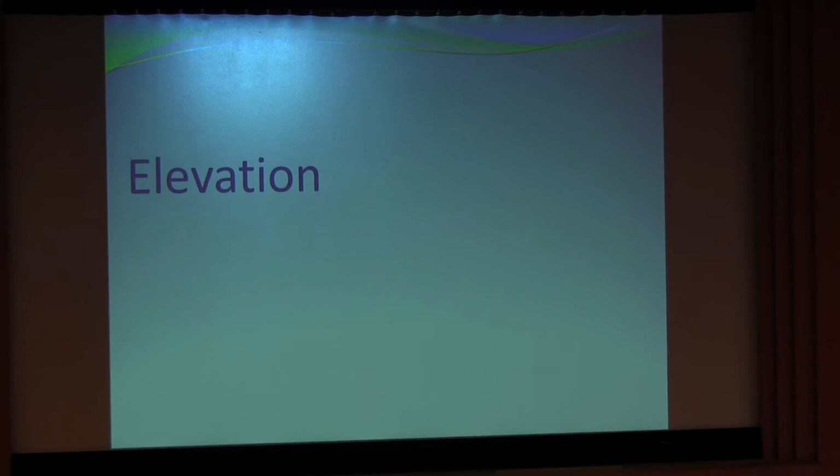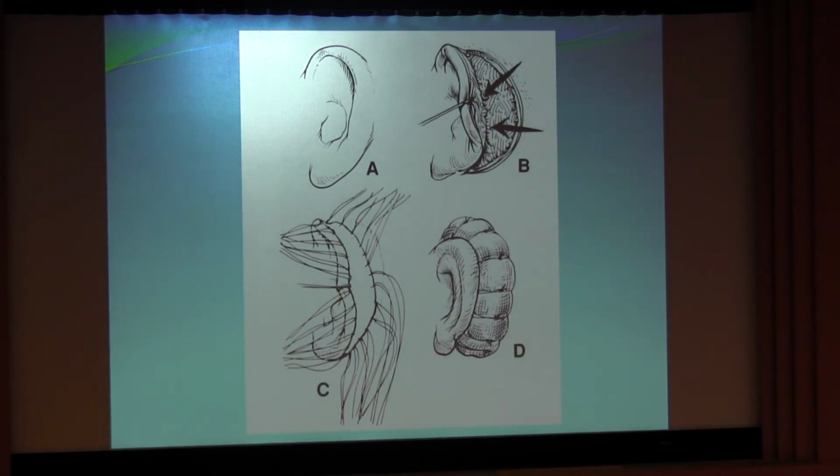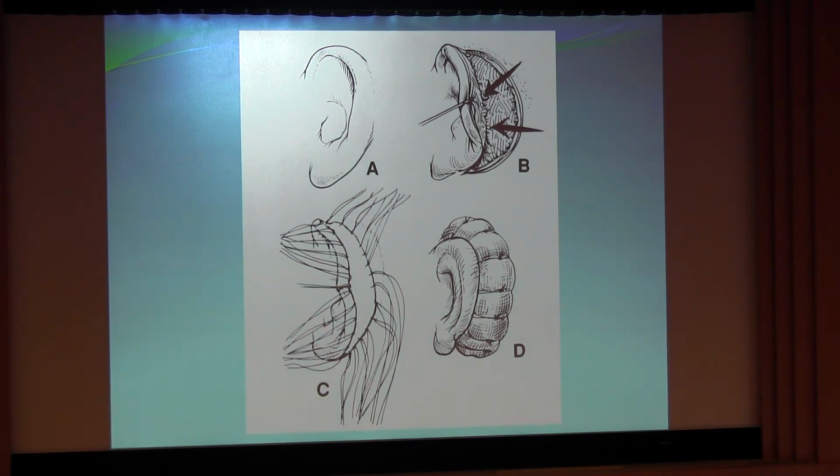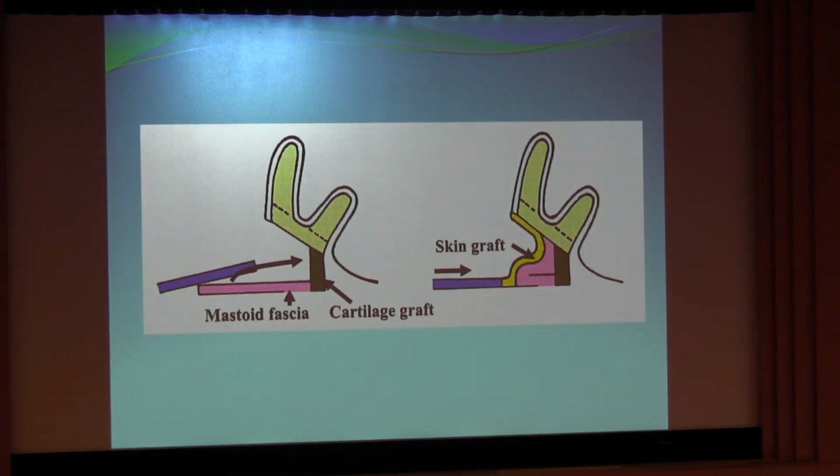Elevation. Basically, this was Bert's technique: elevate the ear, put a skin graft in. I think it's better if you save a piece of cartilage and then put it in there and cover it with a little periosteal flap and a skin graft, and you'll get a better preserving of the elevation.